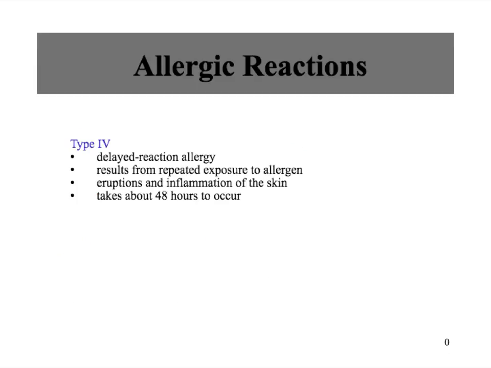The last one is categorized as a type 4 allergic reaction, with a delay, taking a little bit longer to initiate an immune response. Usually exposure to allergens superficially can produce a variety of results. For those of us that work outdoors, things like contact dermatitis and poison ivy can be a real problem. I've exhibited that many times. So many of us are very familiar with a type 4 allergic reaction response.